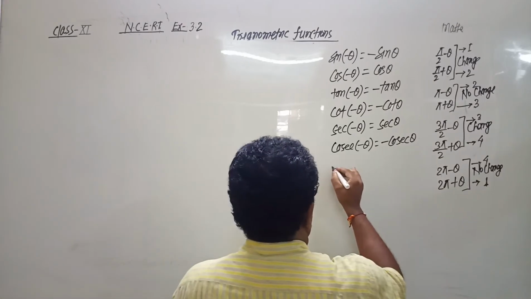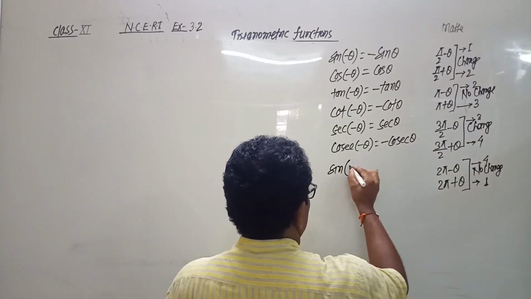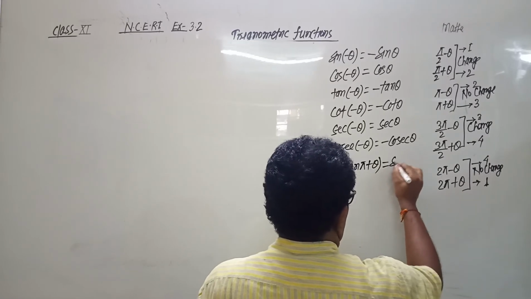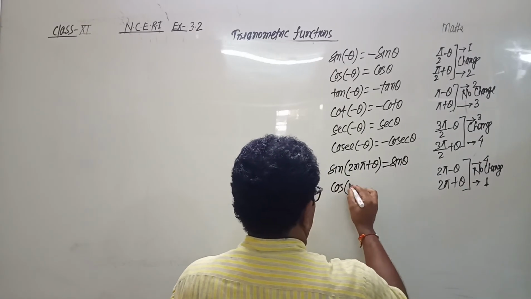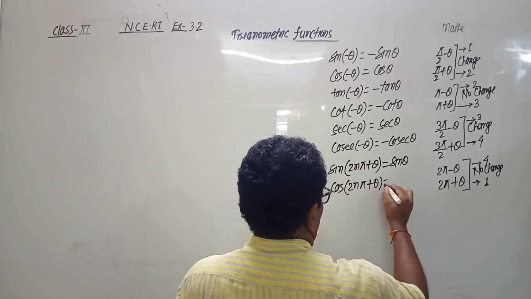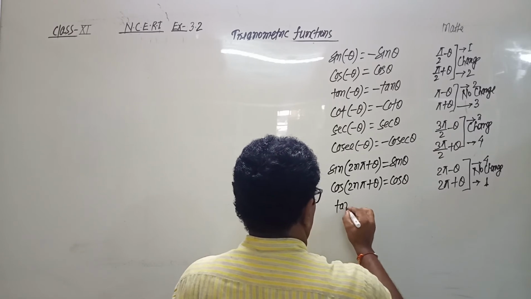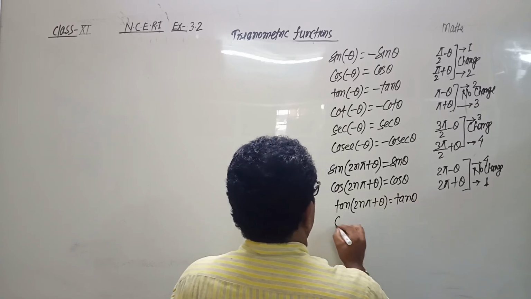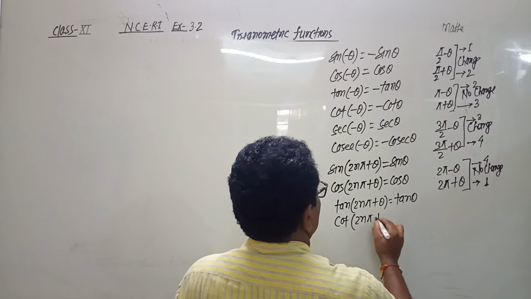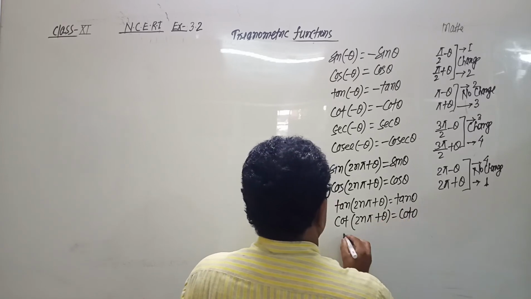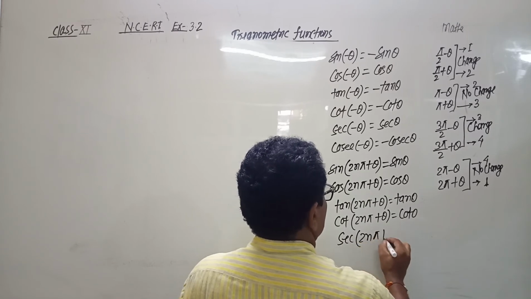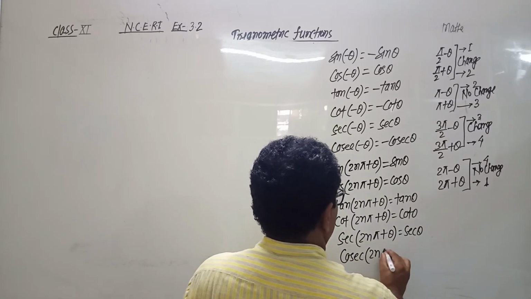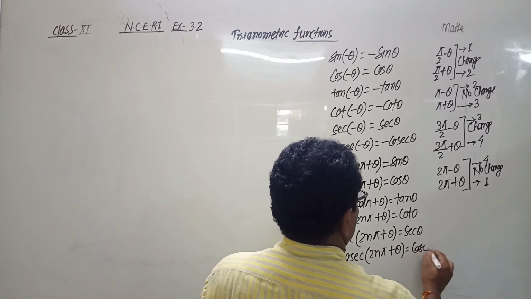Now another formula: sin of 2n pi plus theta equals sin theta, cos of 2n pi plus theta equals cos theta, tan of 2n pi plus theta equals tan theta, cot of 2n pi plus theta equals cot theta, sec of 2n pi plus theta equals sec theta, and cosec of 2n pi plus theta equals cosec theta.